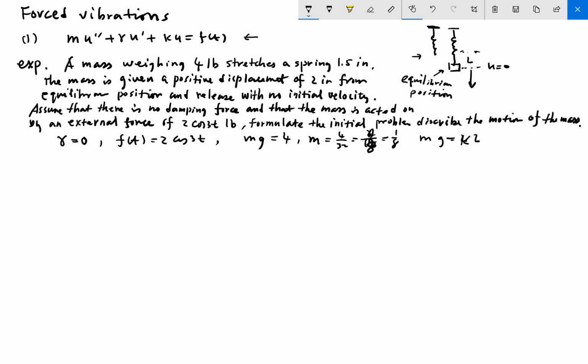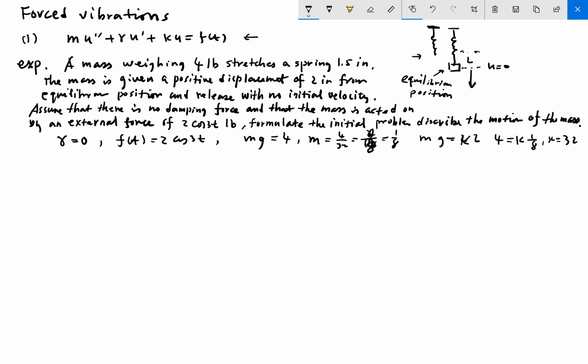So mg here is 4 equals k times L. L there is 1.5 inches, which is 1 over 8 foot. Therefore, we got k equal to 32.